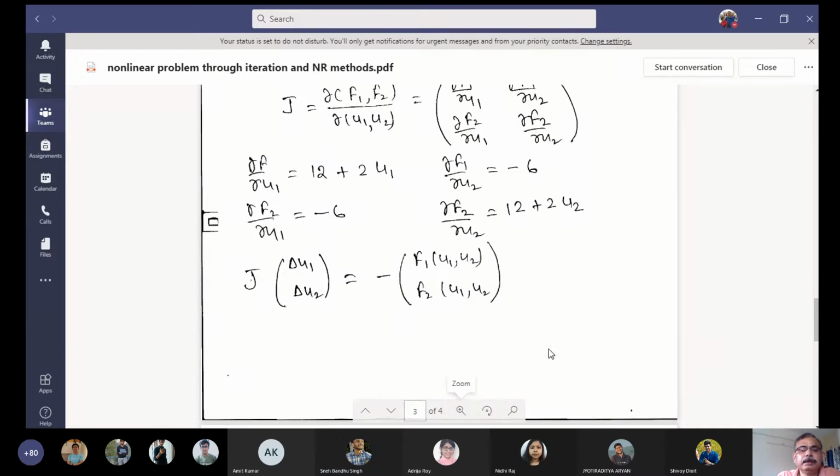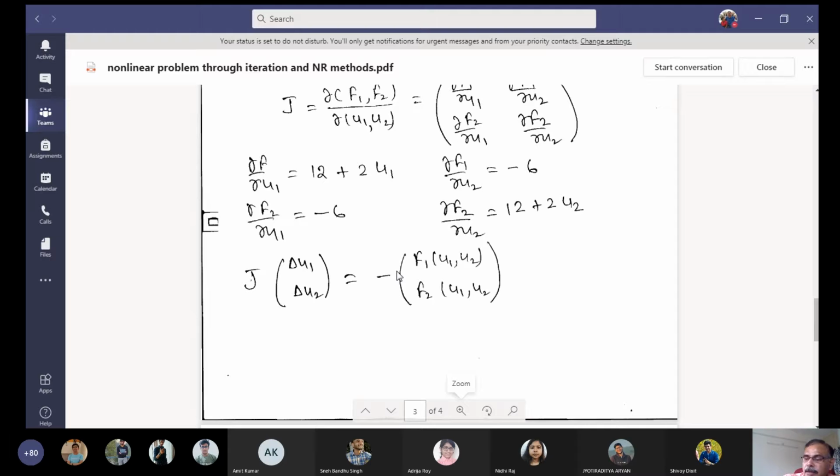Once your Jacobian is ready, the form of Newton's method, once it is a vector case, it is called Newton's method: J into delta u1, delta u2. This is the increment in u1, this is the increment in u2, equal to, exactly like if you write x_{n+1} minus x_n, that will be delta x_n equal to minus f(x_n).